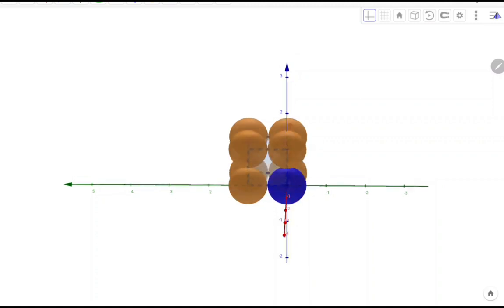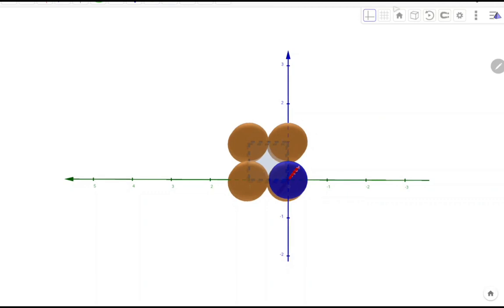So this is a, this is a, and this is R, and this is R. In this case, a is equal to 2R, or in other words, R is equal to a over 2.